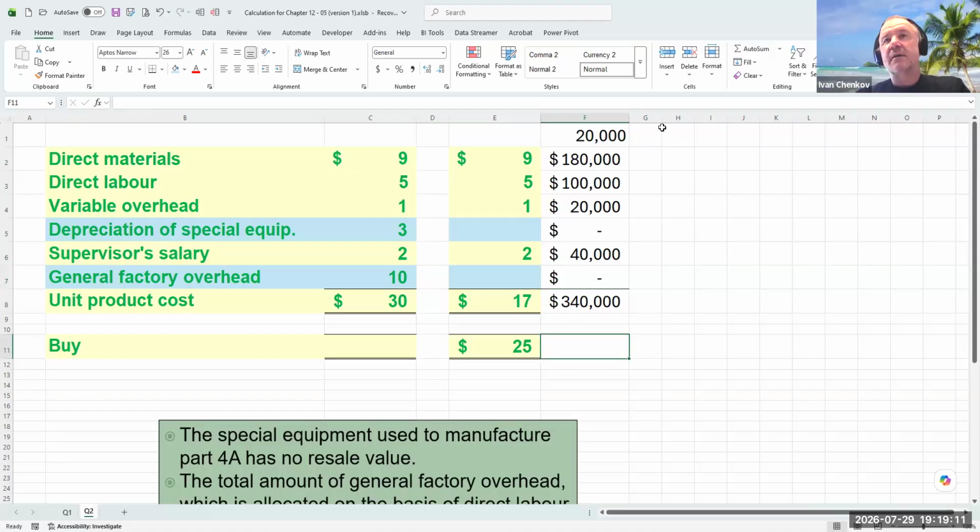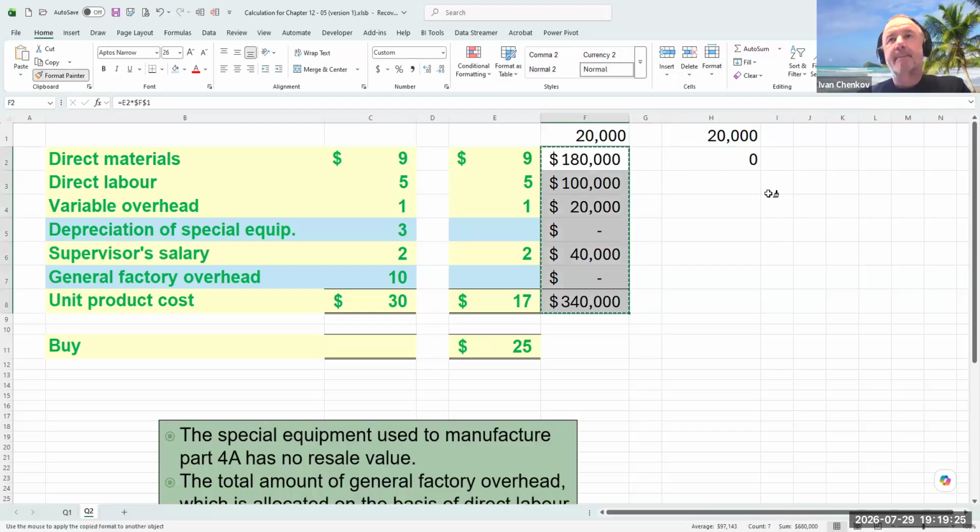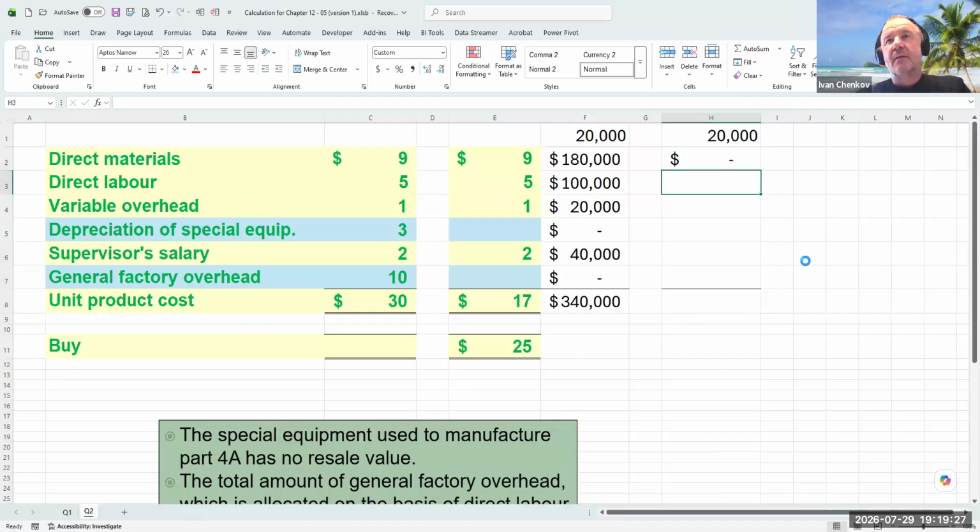If I decide to buy those 20,000 units, now my direct material is going to be 0. My direct labor is going to be 0. Variable overhead is going to be 0. Depreciation, that's going to stay with me.